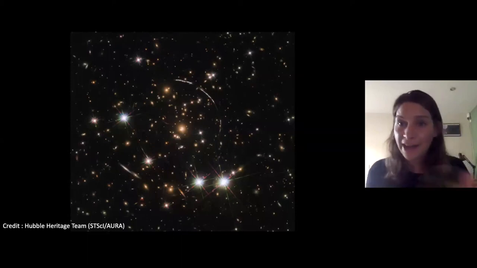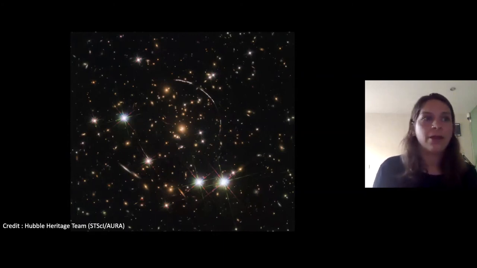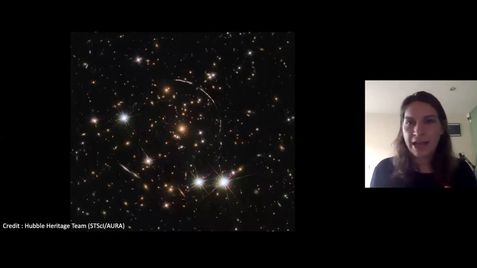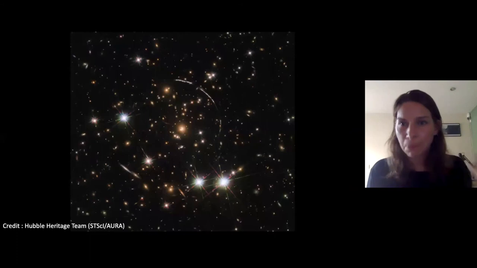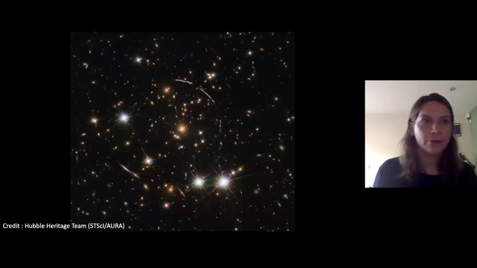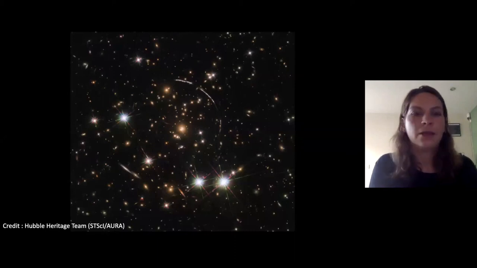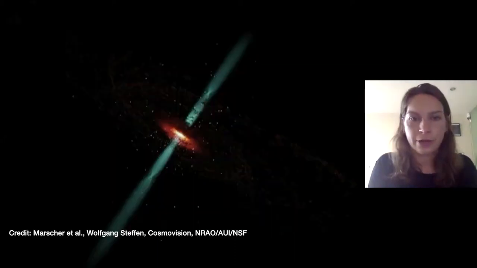Now, if you combine that with the really strong magnetic fields that black holes have, then we've got the ideal scenario for synchrotron radiation, where the particles are spiraling in this magnetic field and you get radiation at radio wavelengths. So I'll show you a video that shows this.